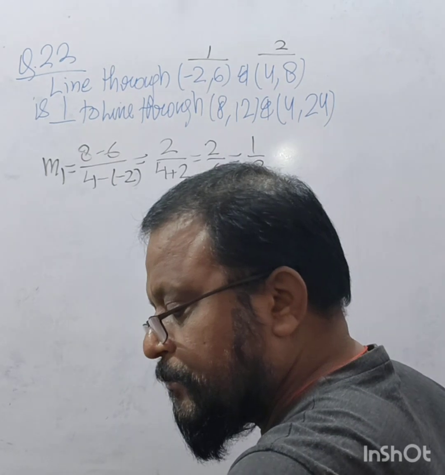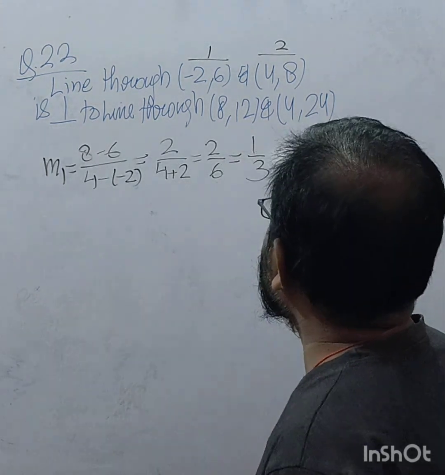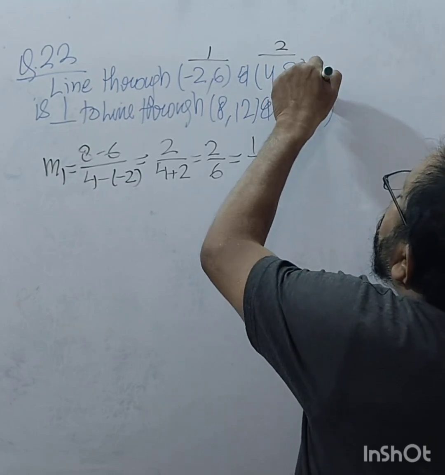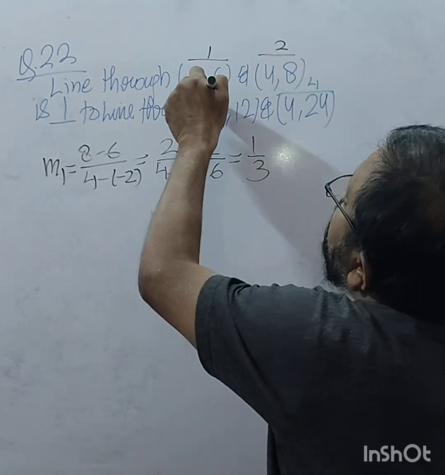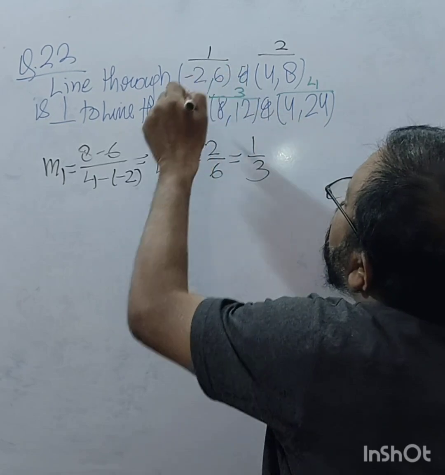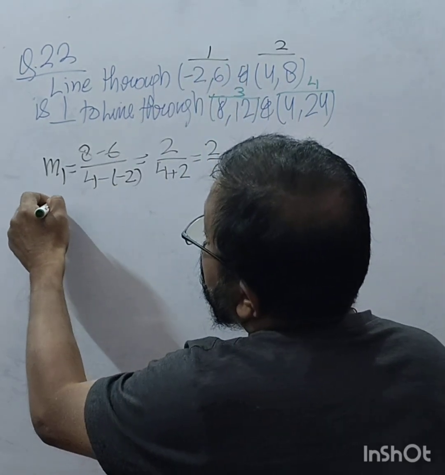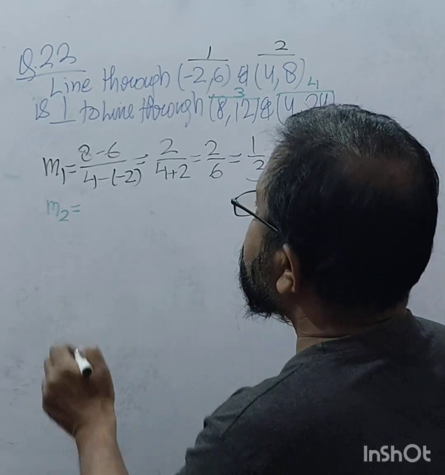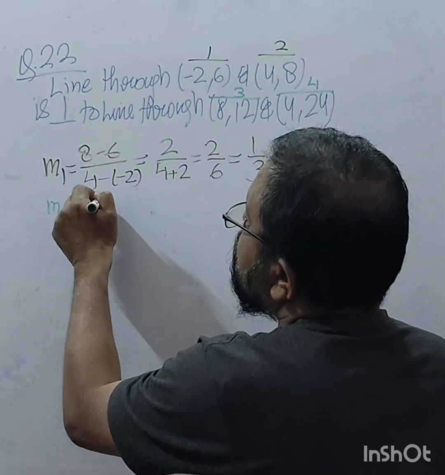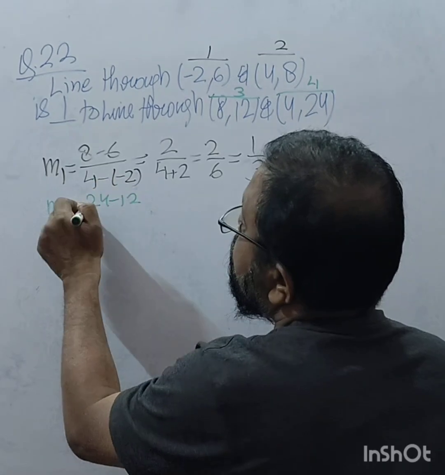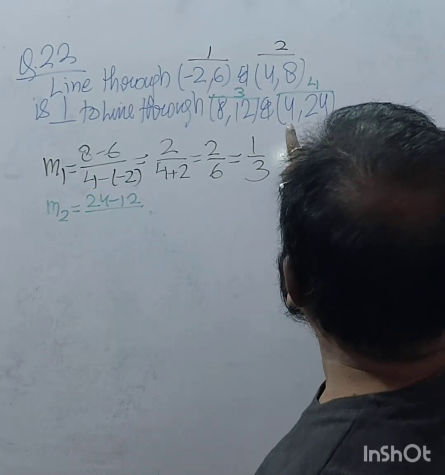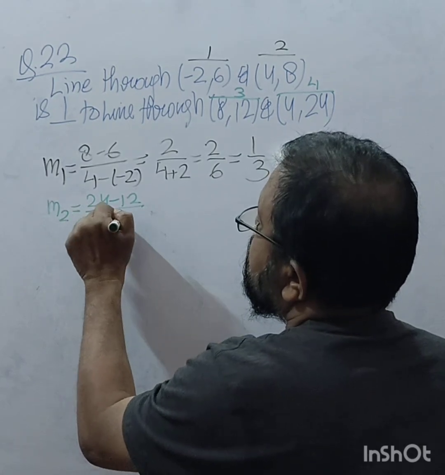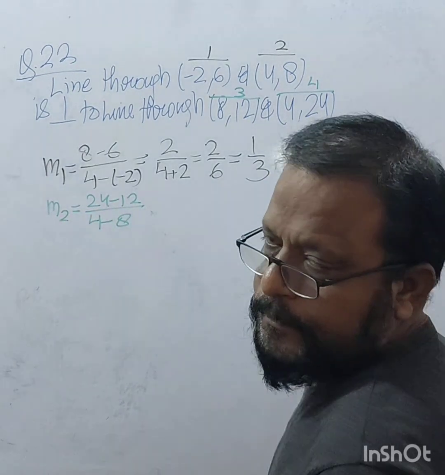So next, this we take 4, this we take 3. So M2 is equal to 24 minus 12 upon 4 minus 8.